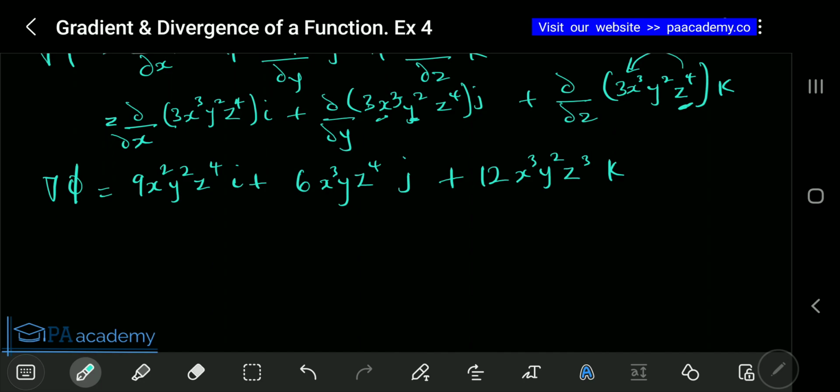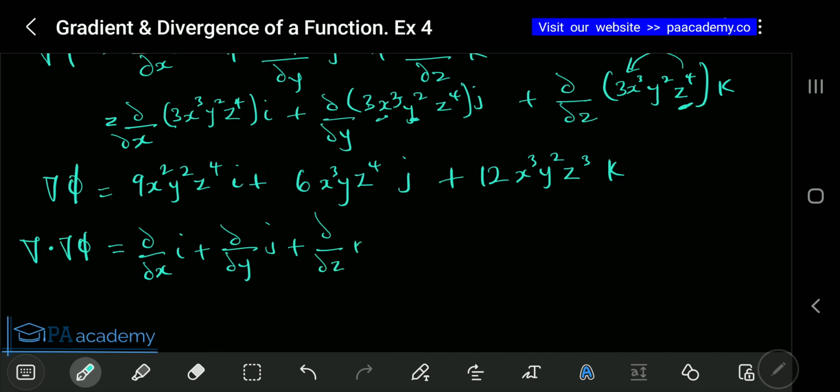So the next thing we are going to look for now is the div. And again, which is partial d over dx i plus partial differential of y j plus partial differential of z k. So we are going to be having that with the dot product of grad phi.